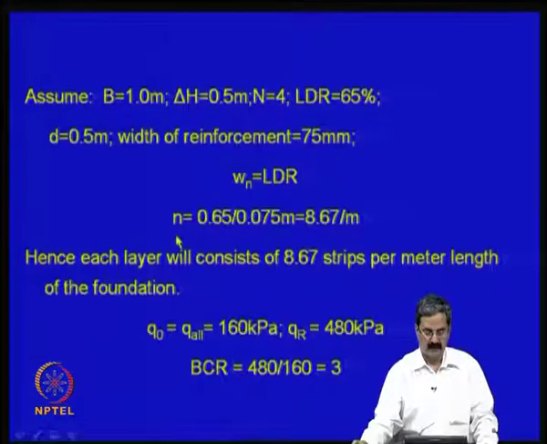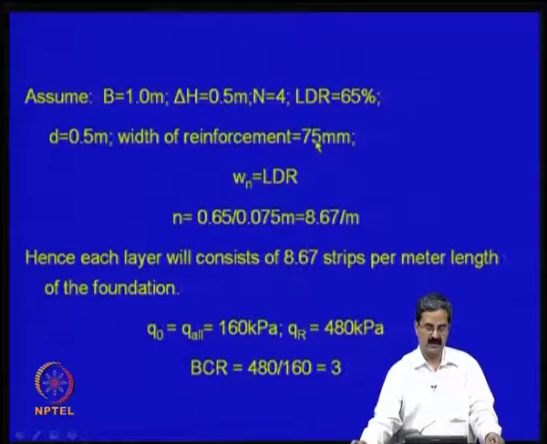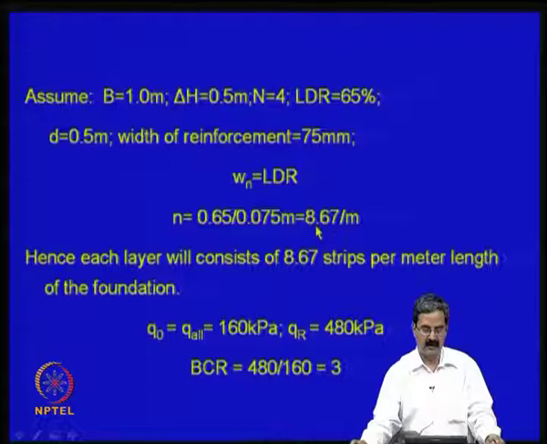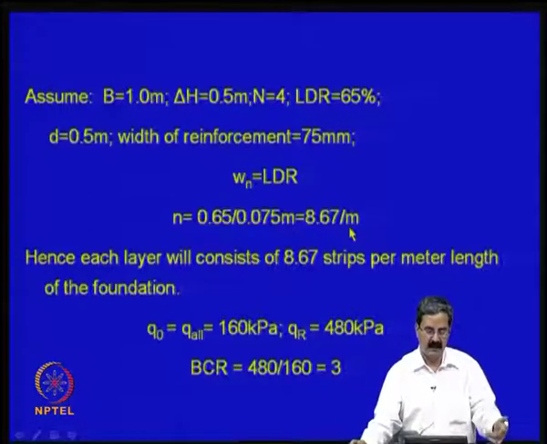So, the number of reinforcement elements, if I know the width is only 75 mm, in 1 meter I just say 0.65 divided by 0.075, I will get 8.67 or 9 elements per meter length, that is what it means of having this much width, okay.